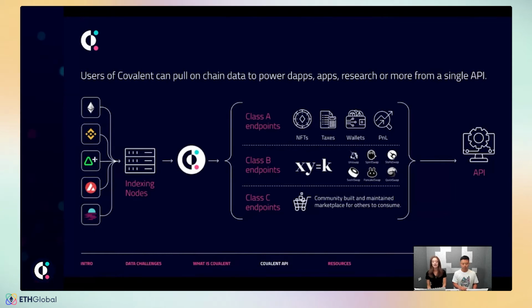We actually index over 40 blockchains right now, and we're always adding more. Then you have our indexing nodes, and we transform the data in our database into things that are queryable through Class A endpoints, Class B endpoints, and then coming soon are community-built custom Class C endpoints. I'll save more info on those for the demo that we'll do.